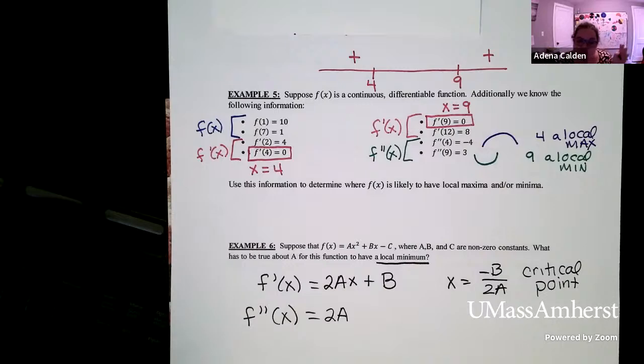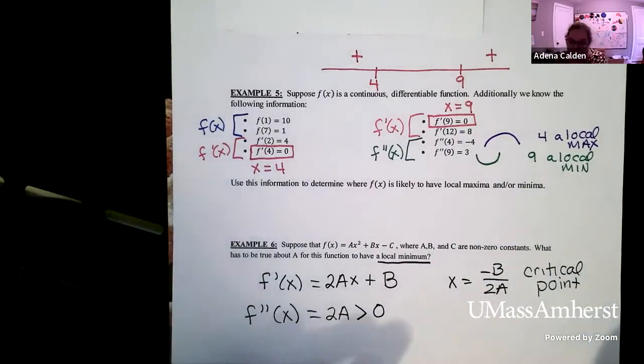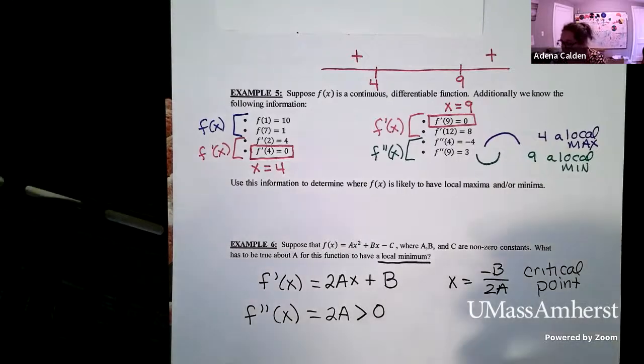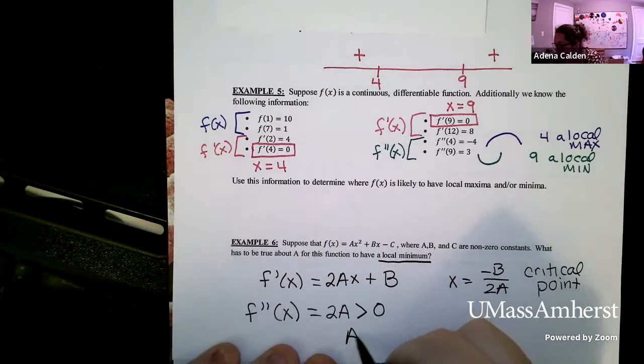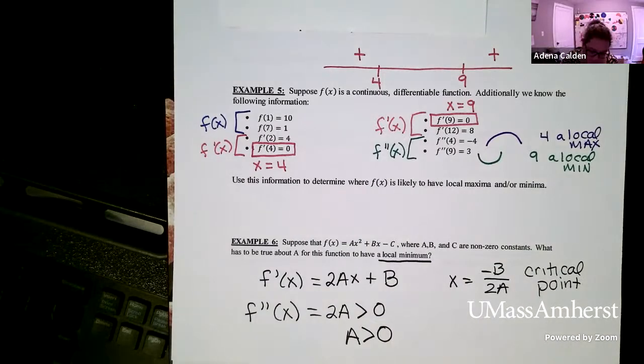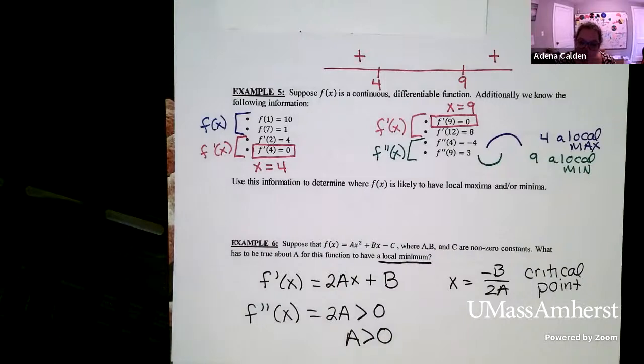In order for the original function to be concave up, the second derivative must be positive, which means that 2a has to be greater than 0. Since 2 is already positive, that means that the condition that I have to put on a in order for me to have a local minimum is that a has to be positive. A has to be greater than 0.